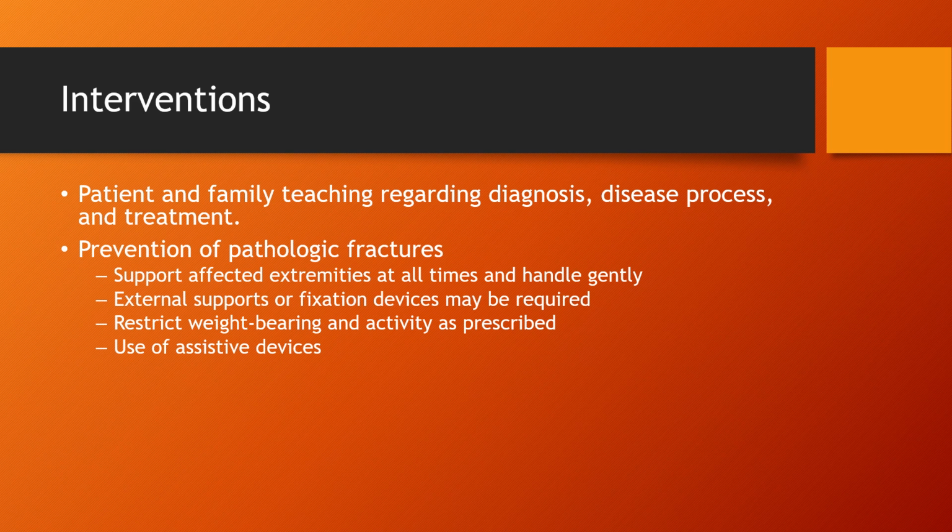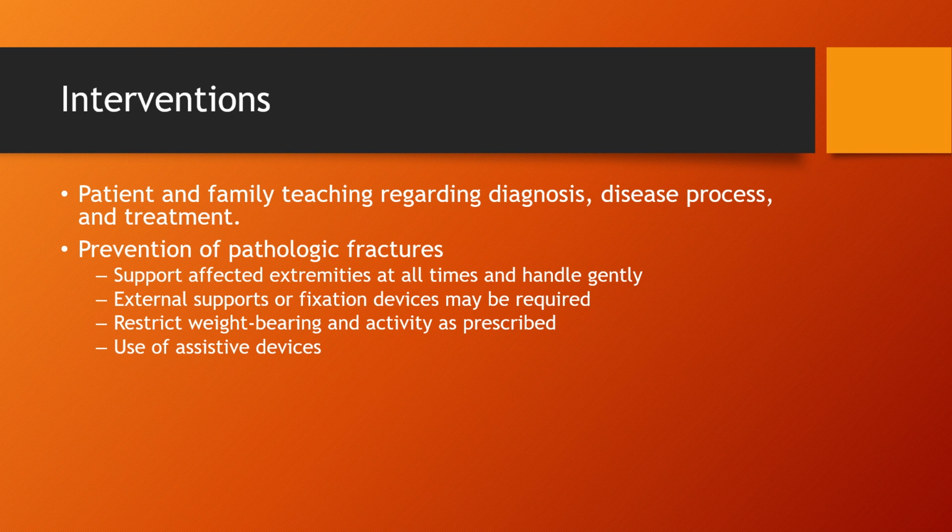When there is bony involvement with cancer, those bones become very, very brittle, and they can just break very, very easily. I had a patient who just moved her arm to reposition herself in bed, and she ended up getting a fracture in her bone.